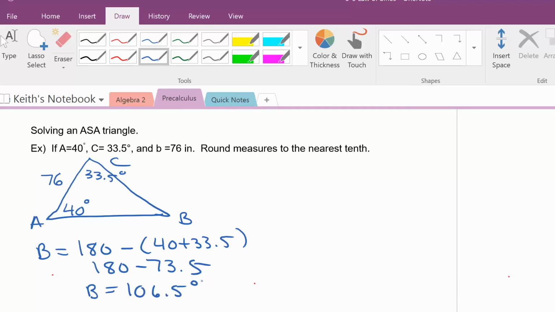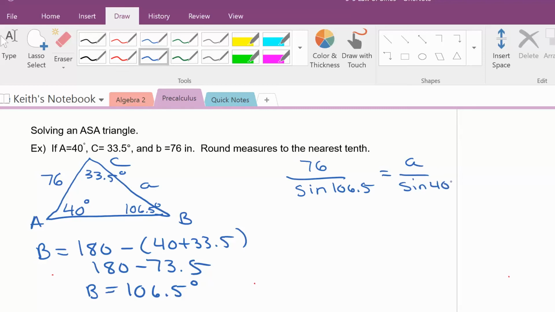Then to find the sides, we're going to use the law of sines. So we go 76 over sine 106.5 is equal to, if I wanted to find a, a over sine 40.